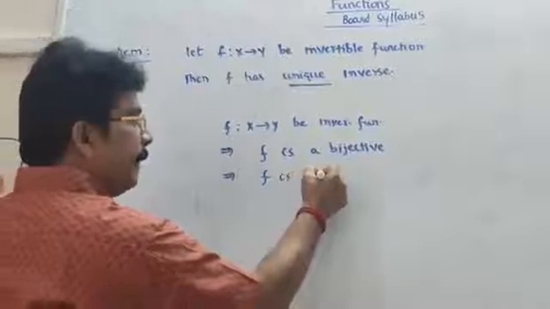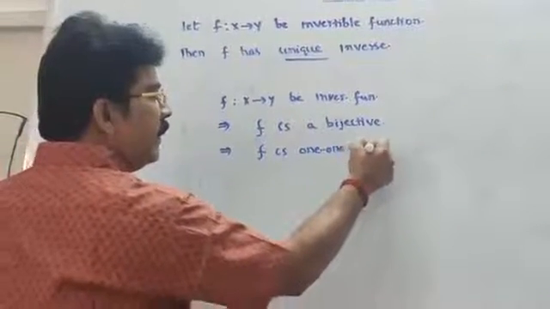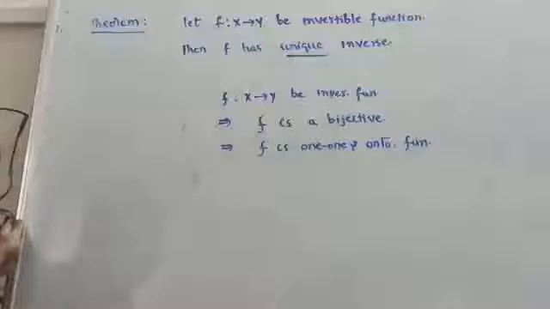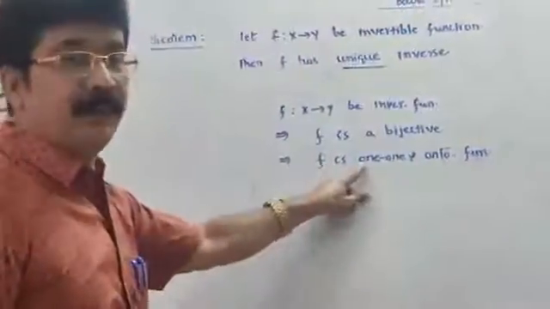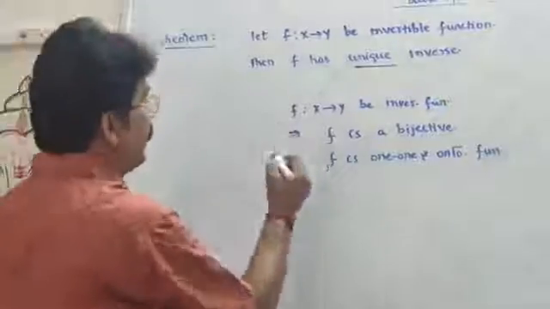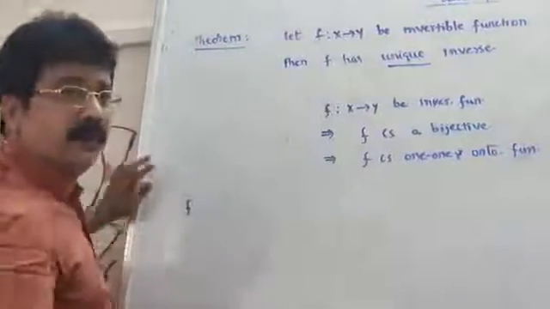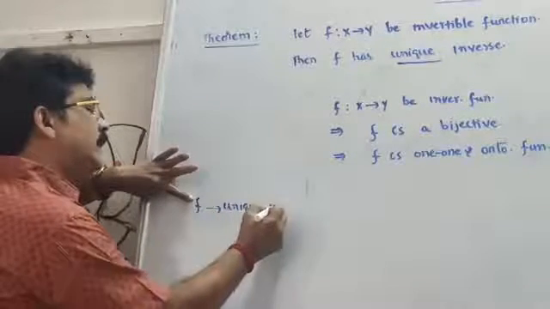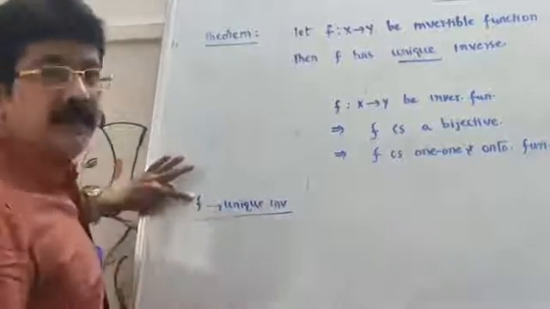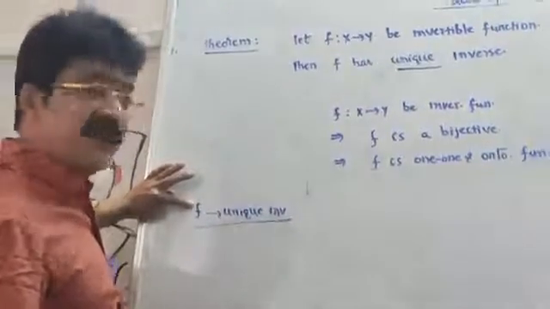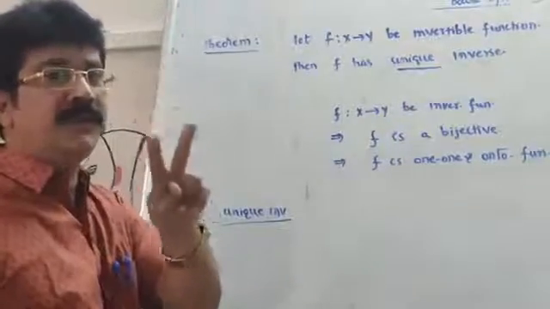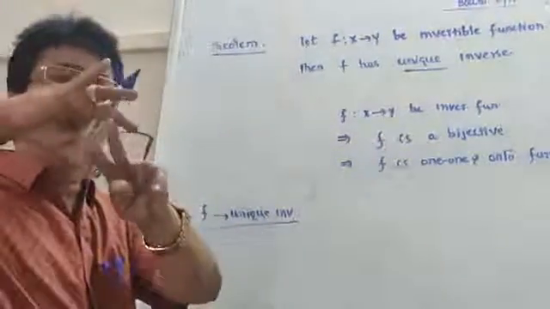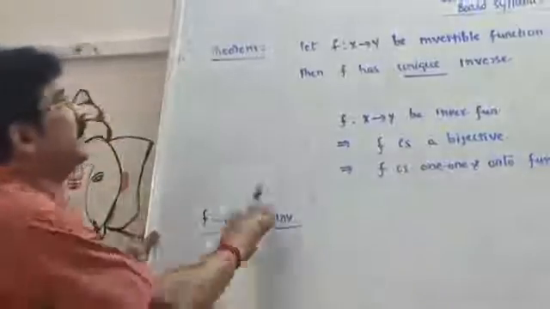F is 1-1 and onto function. Remember, 1-1, right? Next, we have to show that f will have a unique inverse. For which first we assume that f has two inverse functions. Later we show that those two functions are the same, and hence the theorem.